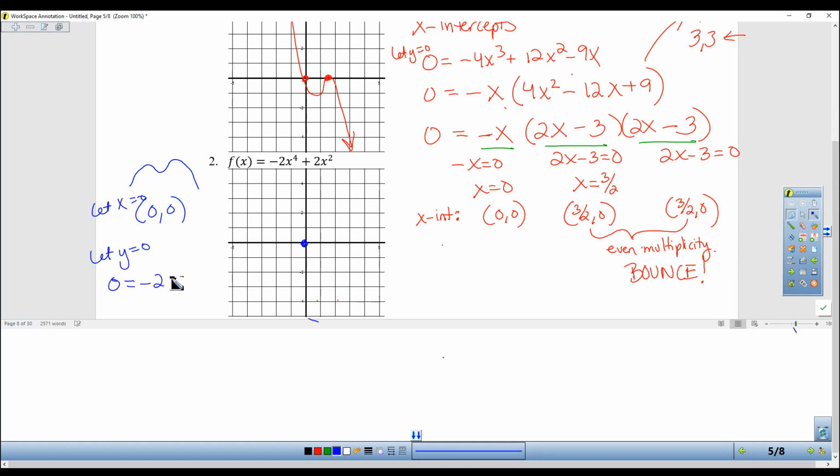0 is equal to negative 2x to the 4th plus 2x squared. Remember, this will almost always involve factoring. And if the first term is negative, I personally take out the negative. I can take out a 2, and I can take out an x squared. That leaves me with x squared minus 1.